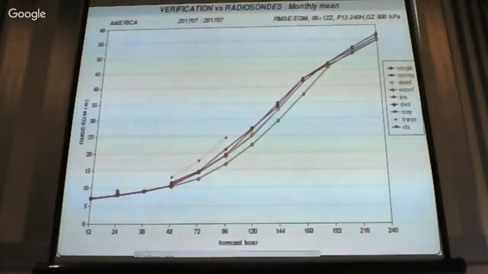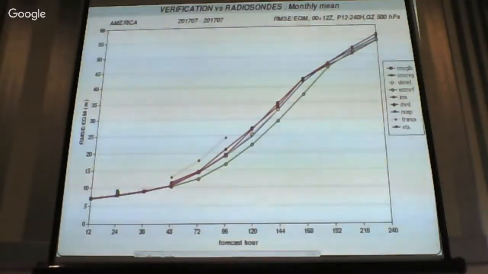This is to give you an idea of the skill of our global model as a function of lead time. This is for North America, the root mean square error of the geopotential height at 500 millibars. That's really what meteorologists are after, improving that 500 millibar level.